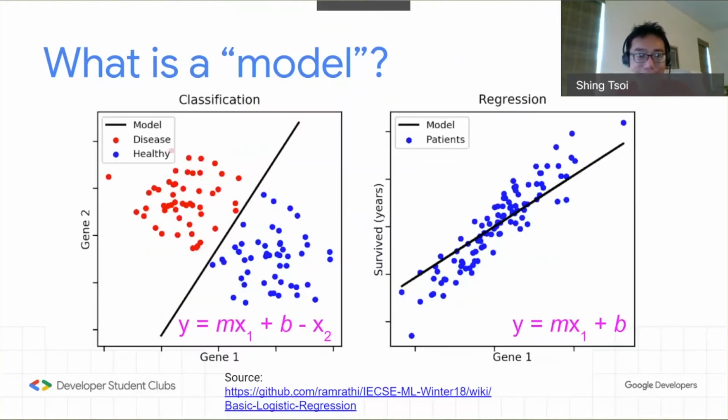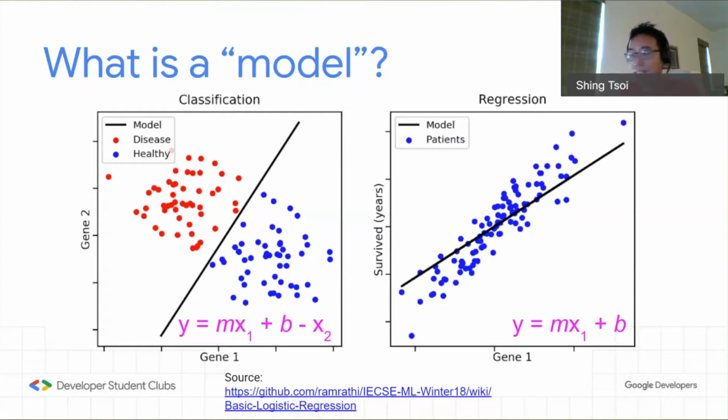So I mentioned the word model quite a few times in previous slides. So you may wonder, what's a model? A model can be considered as a mathematical relationship between the input features and the output, which is also called the predictions. Supervised learning also often requires a large data set.